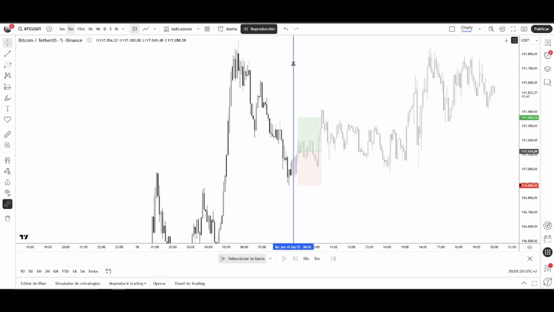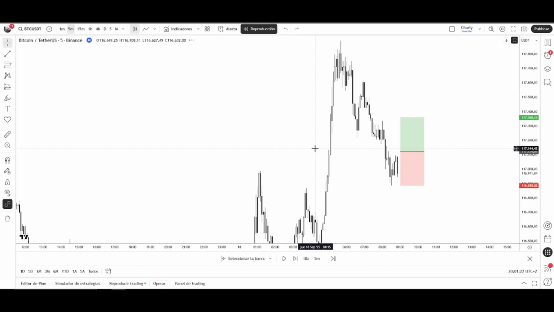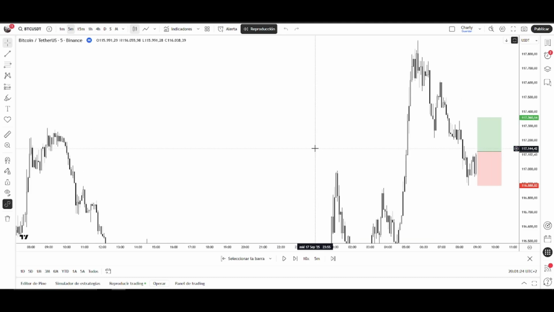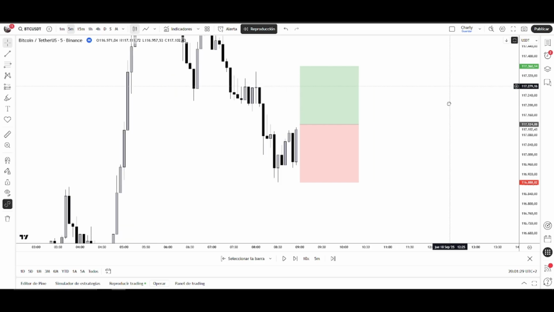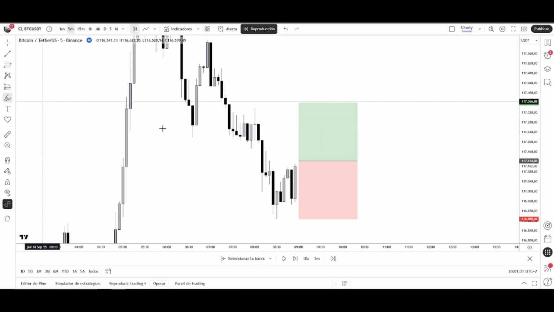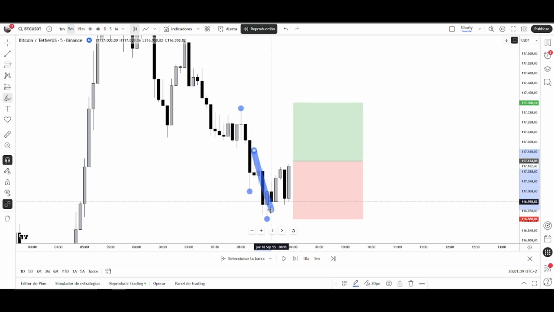So basically, let's put the replay mode on the 9 a.m. exactly here. And this was pretty simple. We had the opening of the session exactly here, and pretty much we had a high, low, lower high, lower low. Now inside of this last bearish impulse, we can see the internal structure that market did.